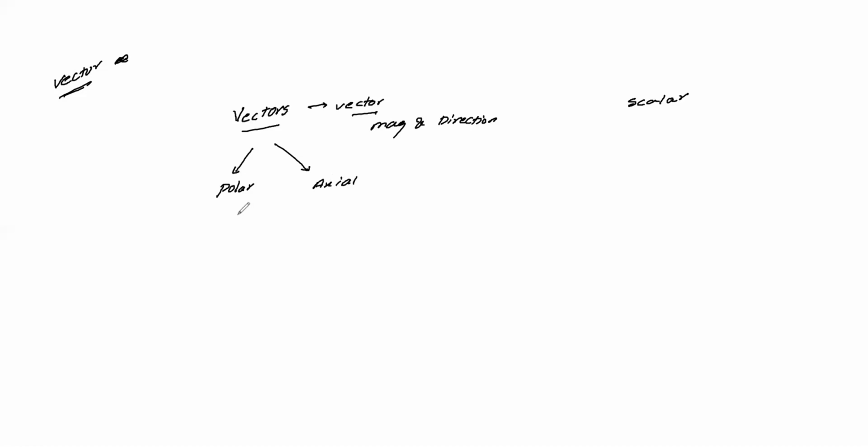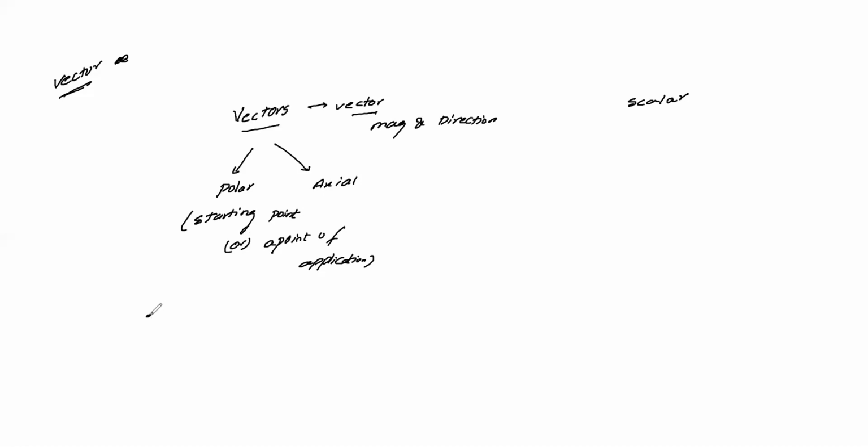Polar vectors are those which have a starting point or a point of application. Let's see an example.